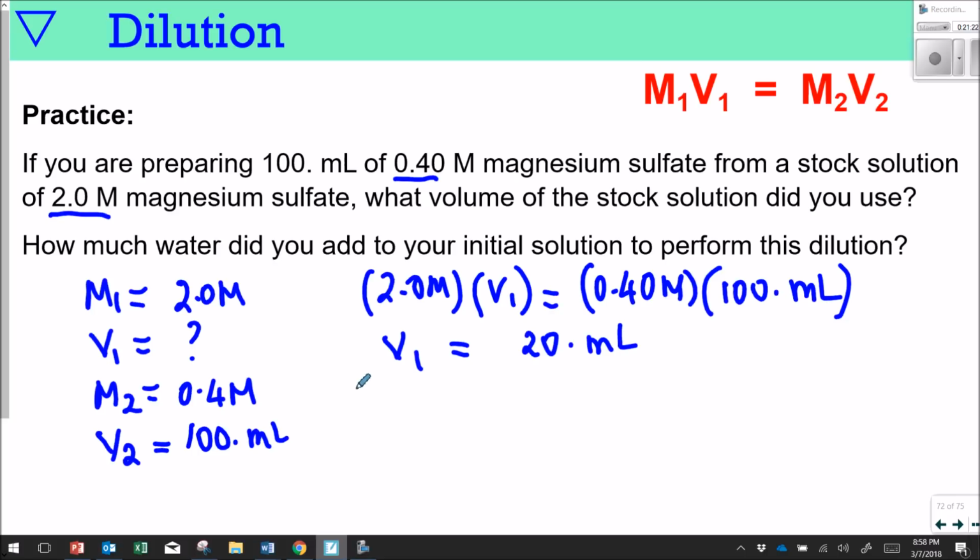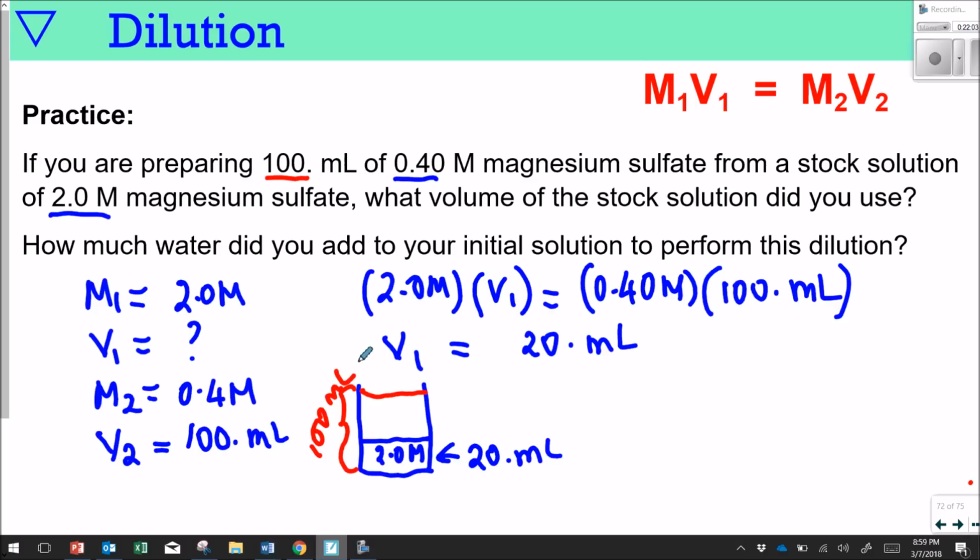Now the next question says, how much water did you add to your initial solution to perform this dilution? So we can draw a picture there to see what happened. We had the stock solution, which was 2 molar, and we now know that we had 20 milliliters of this solution. And then we added water to this solution, and we know that the final volume of the diluted solution, so all of this, was 100 milliliters.